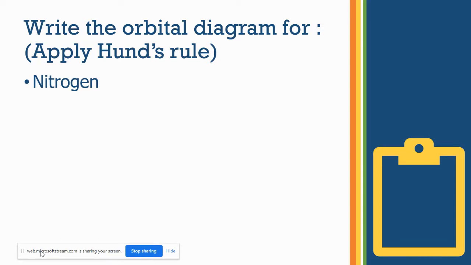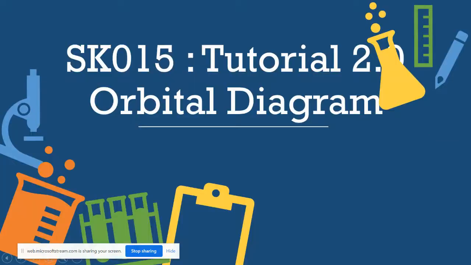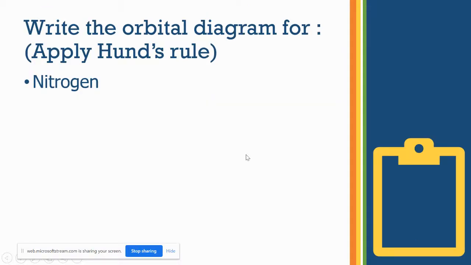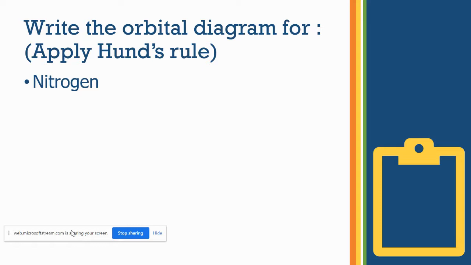First, you write the symbol of that element, that represents the nucleus, and it will be very useful if you can show the proton number as well, which indicates the number of electrons, if the element is neutral.